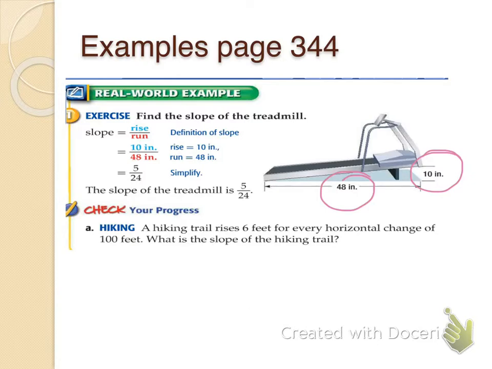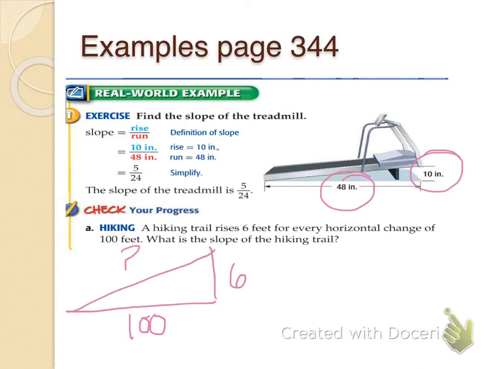Example A, a hiking trail rises 6 feet for every horizontal change of 100 feet. Well, we have to know what horizontal means. Horizontal means left to right, so that would be 100. And it says it rises 6 feet. So that means it goes up 6 feet. So we've got this triangle.